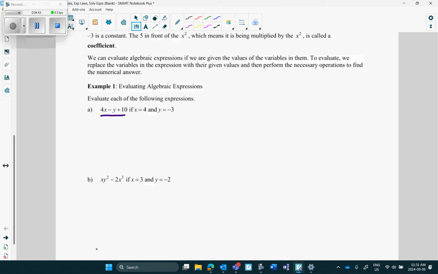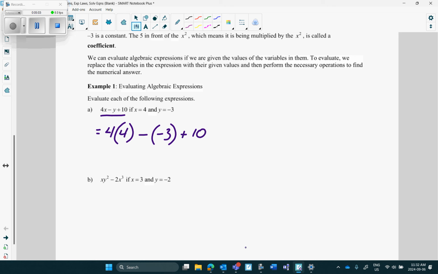But the more important thing is we want to evaluate that. So what does this mean? That means when we see x, we replace it with 4 and put parentheses around it. So there's a 4, and then I do parentheses 4. Then there's a minus, and then I do parentheses negative 3, and then there's a plus 10.